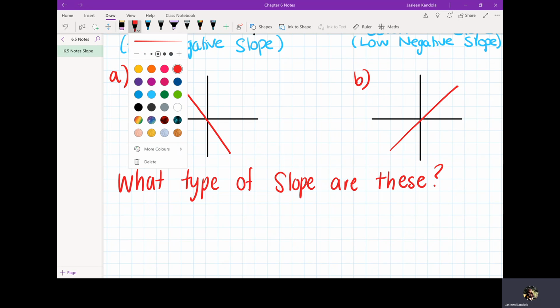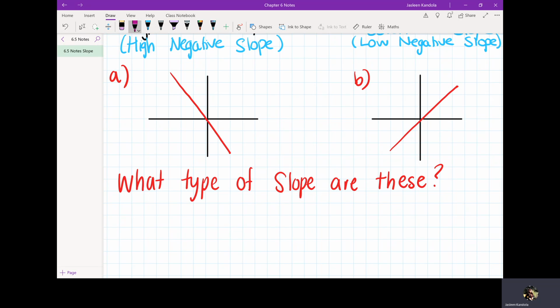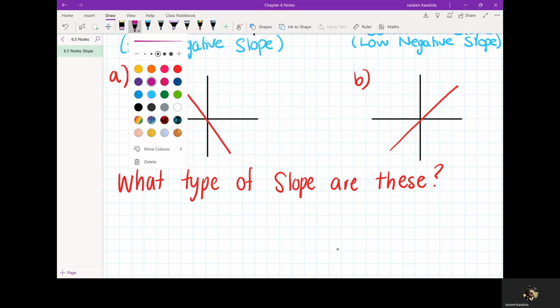One technique that you may have seen in grade 9 your teacher may have done is, if you write something on top of this line, if that letter or the word is going down, that means it's a negative slope. However, if it's going up, it means it's a positive slope. So let's look at over here.